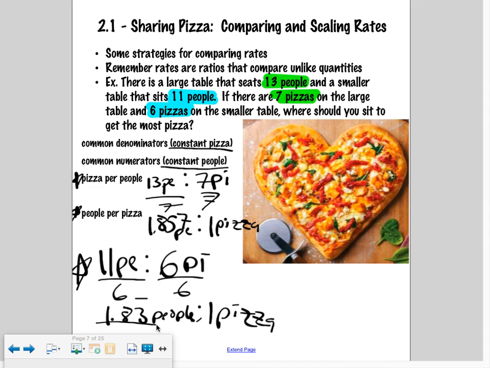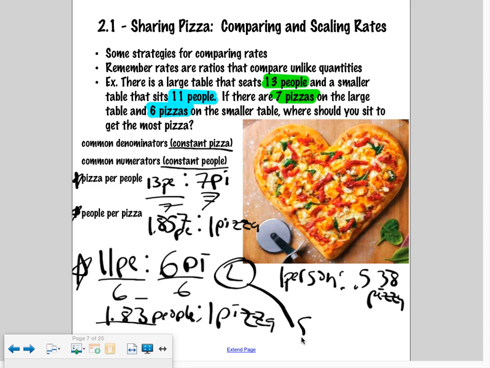So for the large table, if you divide both sides by 13, you get 1 person for every 2.538 of a pizza, and that's for the large.